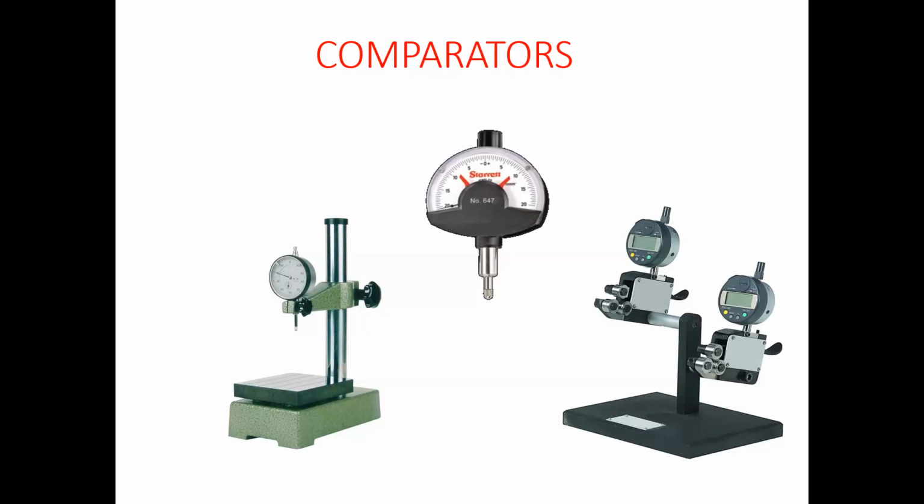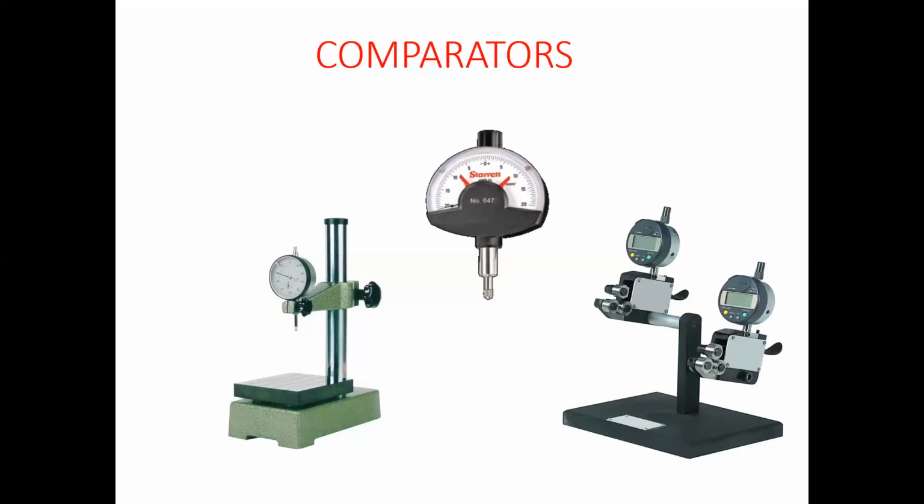They only show the difference of variation in the dimension when compared to the standard, which is displayed on the dial of the indicator. If those are used to indicate only the deviation or the difference from the standard, then they are called comparators.